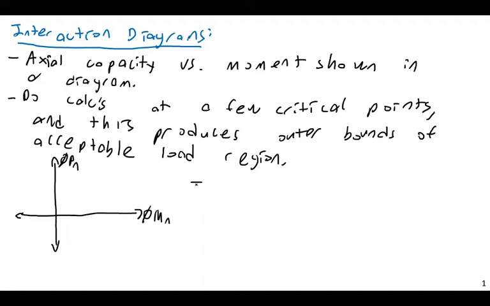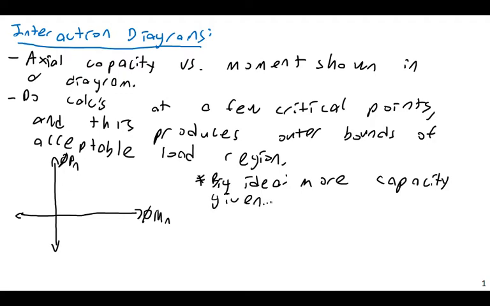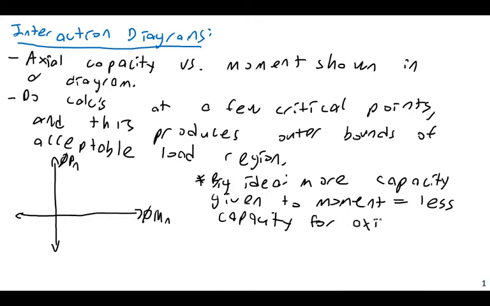So the big idea here is that more capacity given to moment equals less capacity for axial loading, and vice versa.